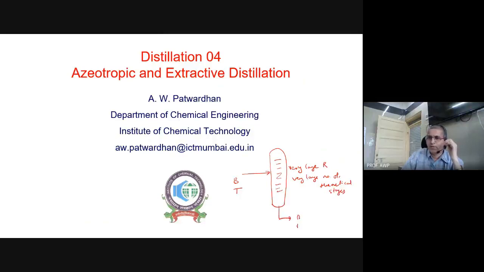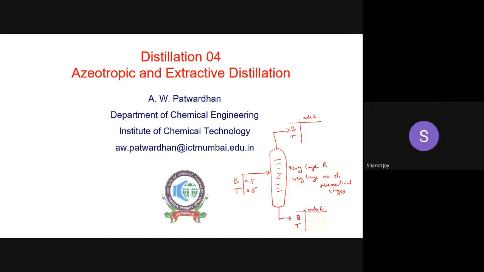Now you tell me what is the composition of benzene and toluene at the bottom and at the top, starting with, let's say, 0.5, 0.5. Now this should be straightforward. So pure benzene at top and pure toluene at bottom.